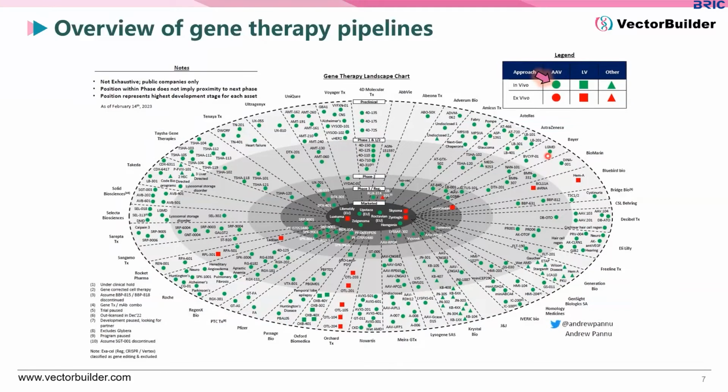As you can see, the green circles here represent AAV-based therapy that performs in vivo delivery directly on humans. You can see inside this landscape, AAV-based therapy is quite dominant recently. We are seeing more and more AAV-based therapy being developed and pushed into clinical trials.